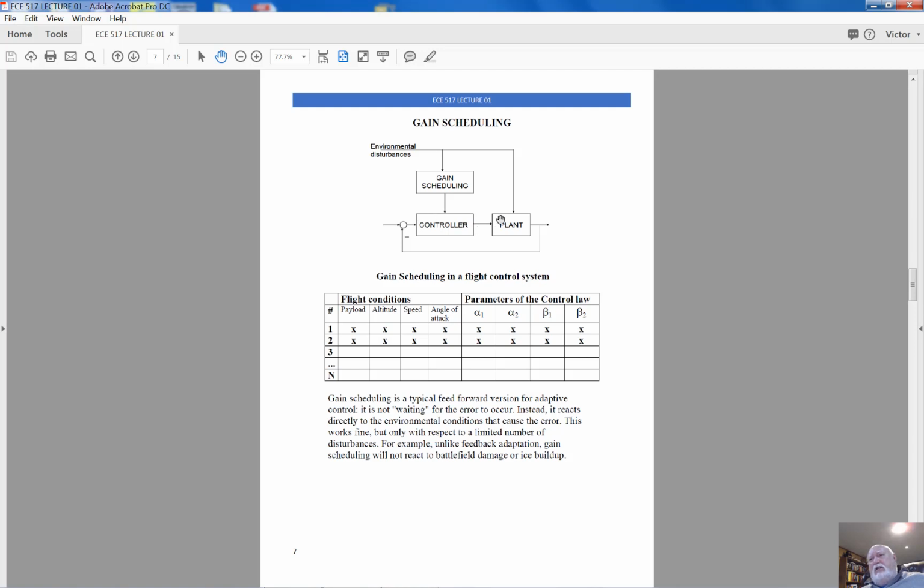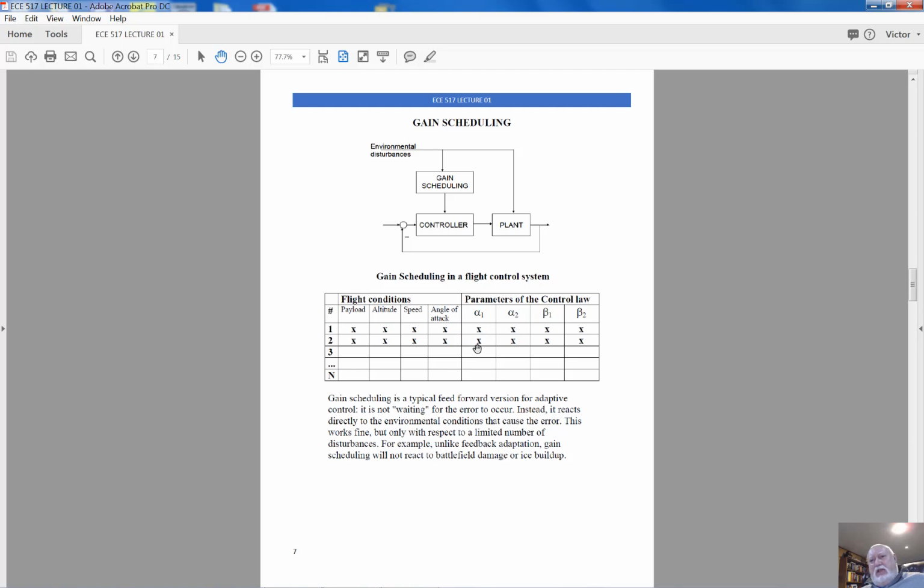So there is controller, there is control plant, there is control loop, and the gain scheduling is a special procedure that, based on the environmental conditions, defines parameters of the controller, and it's an ongoing process.